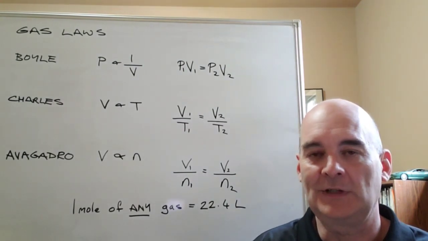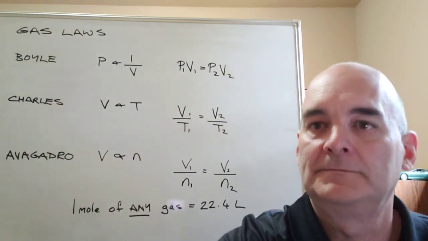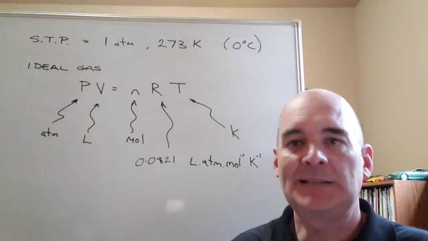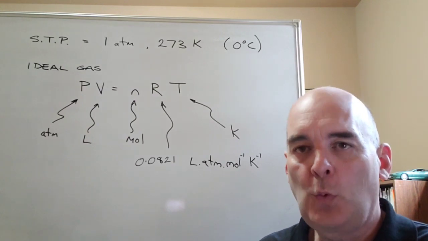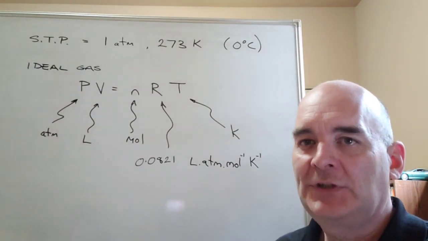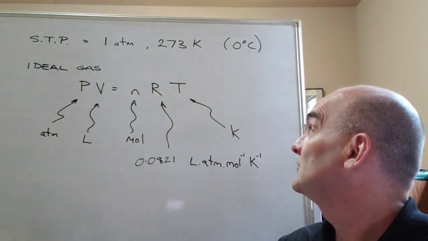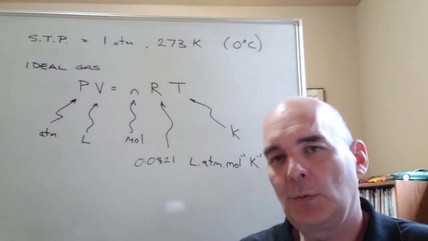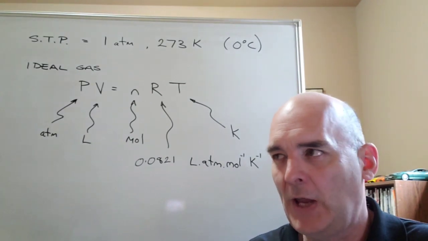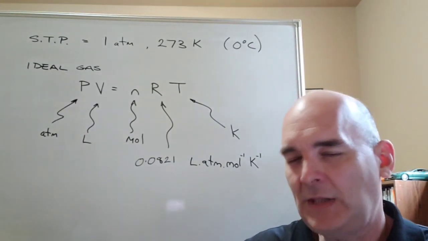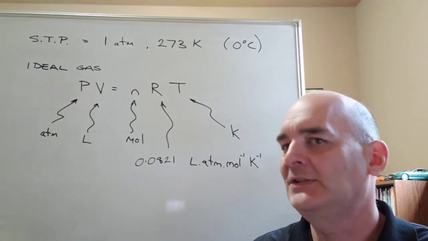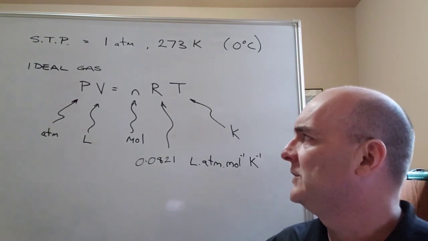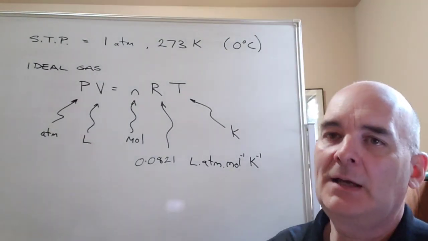That would be 273 Kelvin. So, standard temperature and pressure, STP, is equal to 1 atmosphere and 0 degrees Celsius, or 273 Kelvin. Now, those individual gas laws, Boyle's law and Charles's law, they can coalesce, and they coalesce into something called the ideal gas law, which is PV equals nRT.